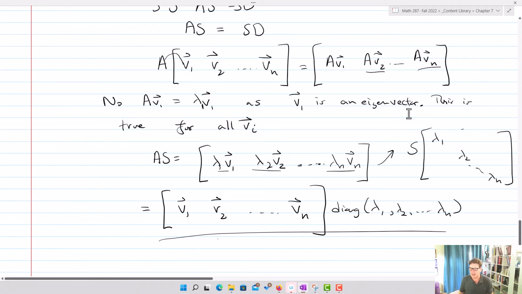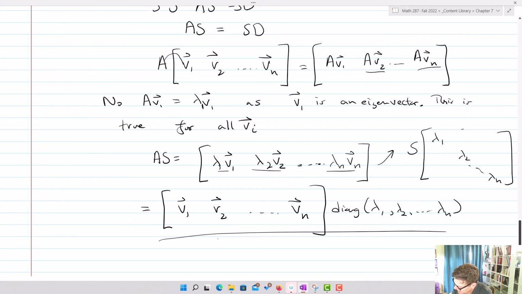It's an operation we proved a while ago, but that's basically how it works. If you have a set of vectors being multiplied by constants, what you can do is pull out the constants and multiply by the identity, and you get a diagonal matrix with all the constants along the diagonal. So that's basically what happens.